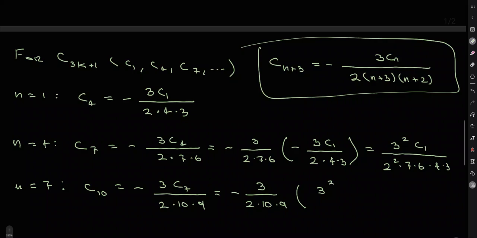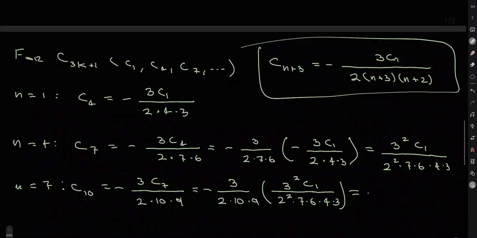This will be 3 squared divided by 2 squared times 7 times 6 times 4 times 3, in terms of c sub 1. And simplifying all of this, okay, make some room first.